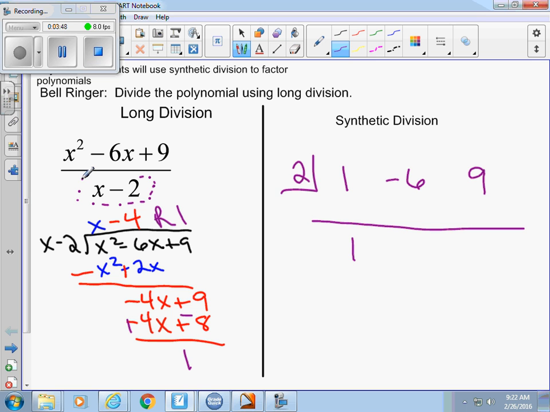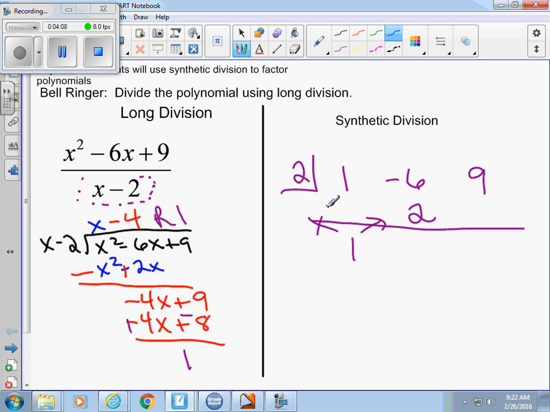Because you just divided 1x out of it. So if it's a cube, you'll go down to a square. If it's a square, you'll go down to an x. Then you multiply the 2 times the 1 and you put it here. So you multiply and put that answer here.